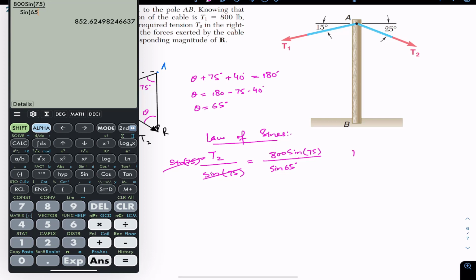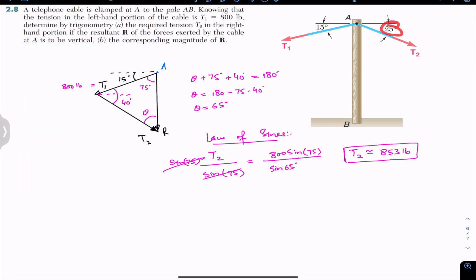So T2 is approximately equal to 853 pounds. If the magnitude of T2 is 853 pounds and it is acting at an angle of 25 degrees, then the resultant must be vertical in the downward direction.